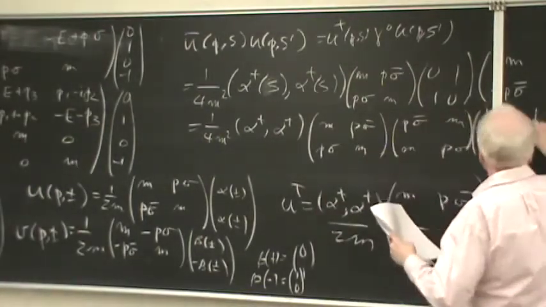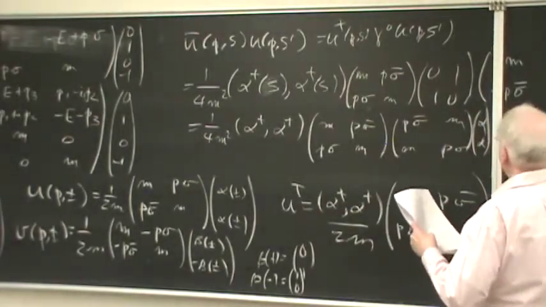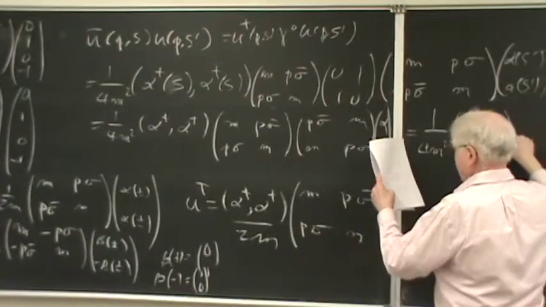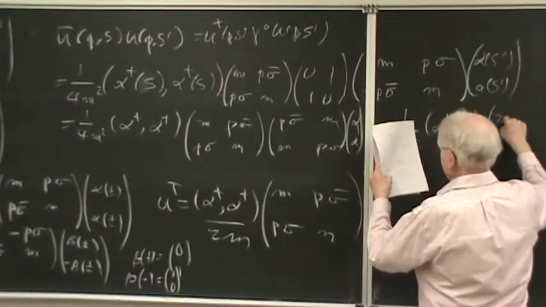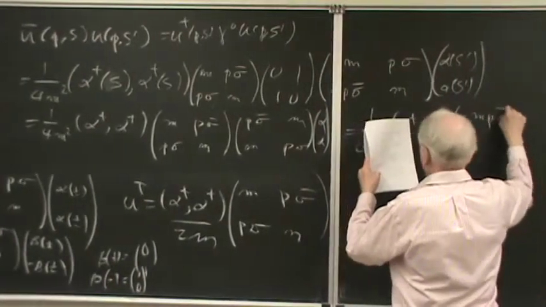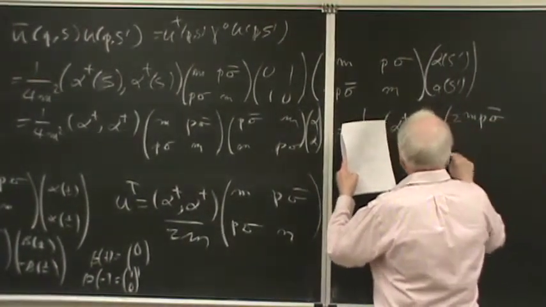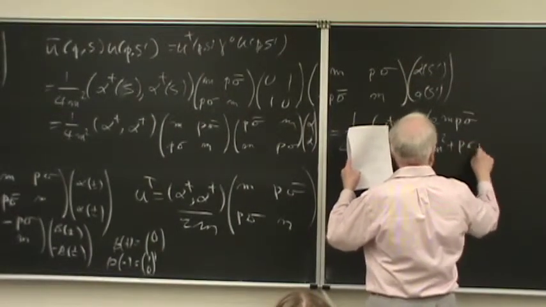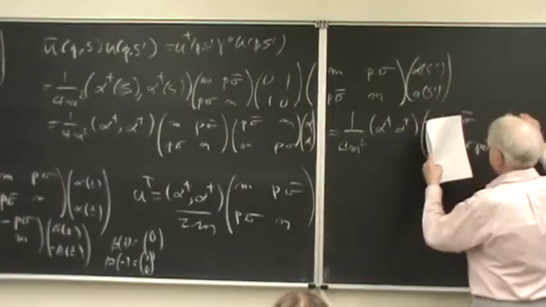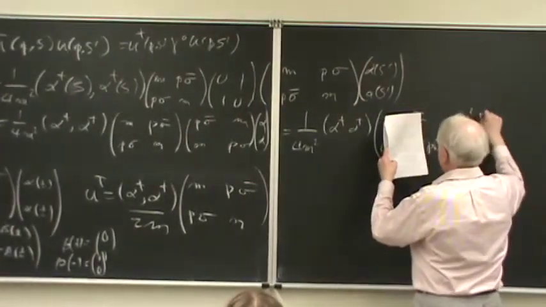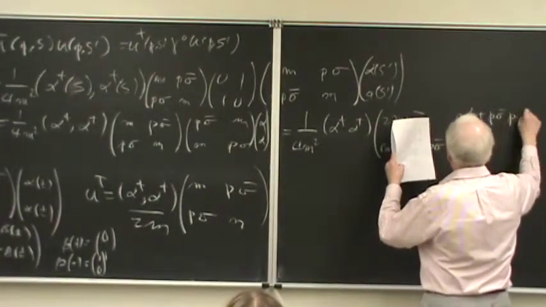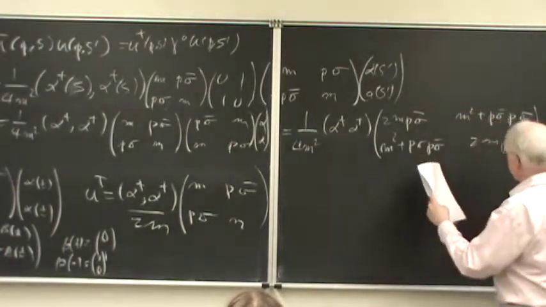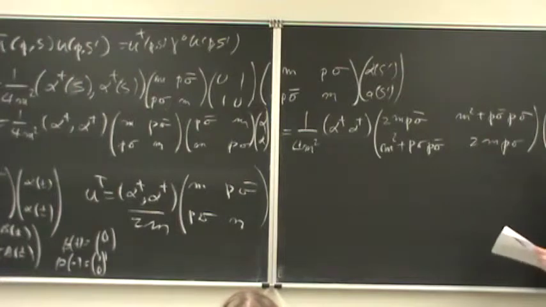And now, we again have alpha dagger, and what's left here is 2m p sigma bar, m squared plus p sigma bar p sigma, 2m p sigma, alpha alpha.